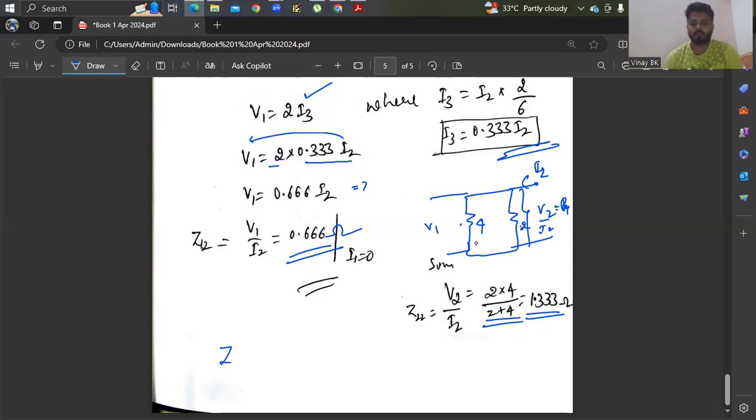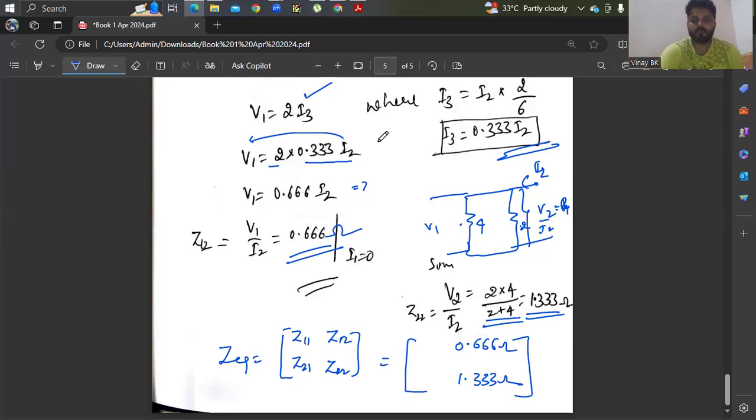So now we can get Z equivalent, that is nothing but Z11, Z12, Z21, Z22. In a matrix you have to write. So Z12 is nothing but 0.666 ohm. Z22 is nothing but 1.333 ohm. Similarly, Z11 and Z21.